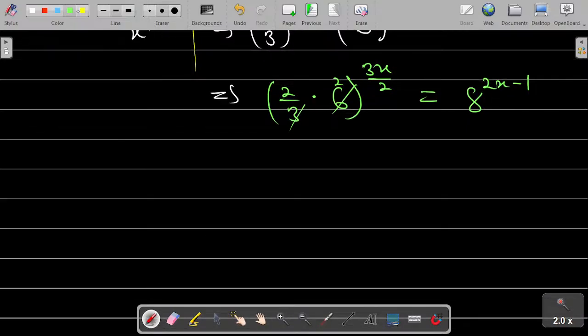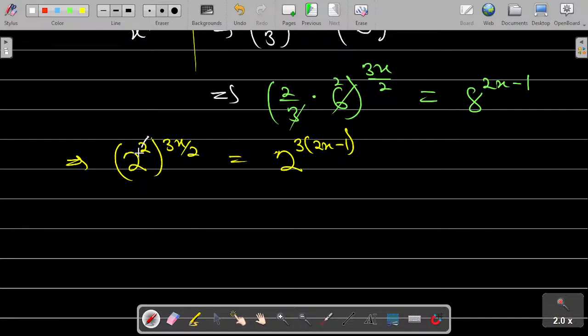Okay, so this will take away this to give us 2 here, and when it gives us that 2, so we've got, of course, 2 times 2 is 2 raised to the power 2. Remember, everything to the power of 3x over 2, and that's equal to, can we change this one to base 2? That will give us 2 to the power of 3 into 2x minus 1. And then, of course, this guy here, we cancel this because that's multiplication.